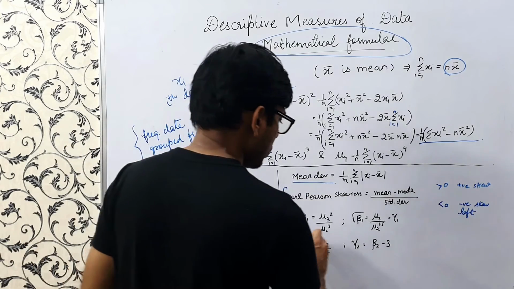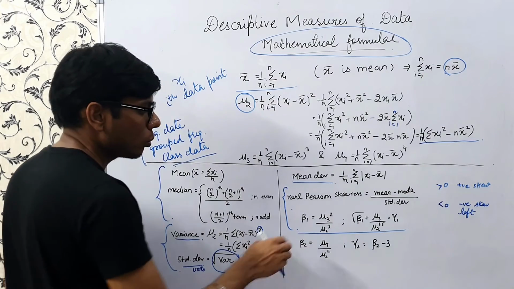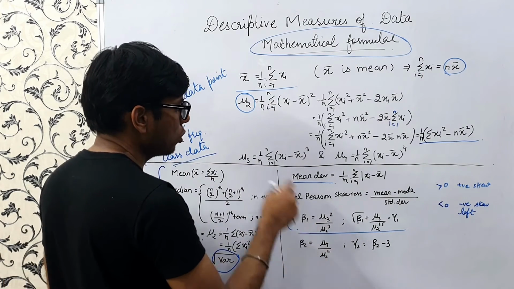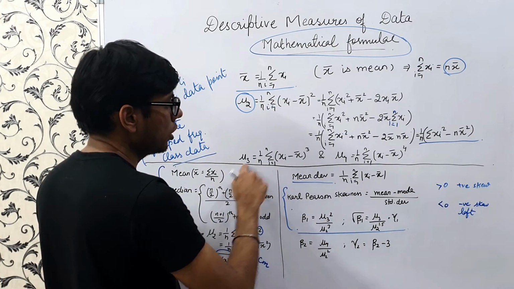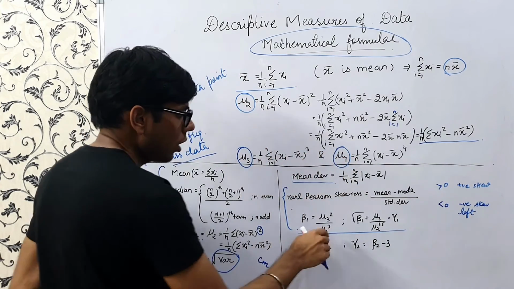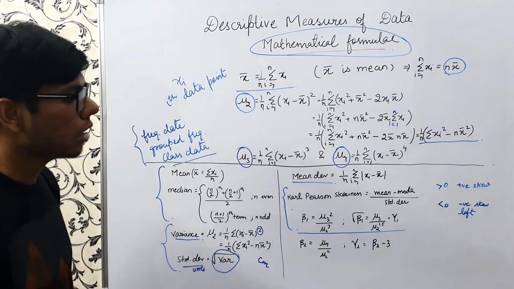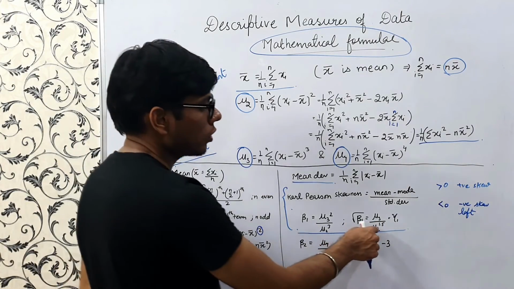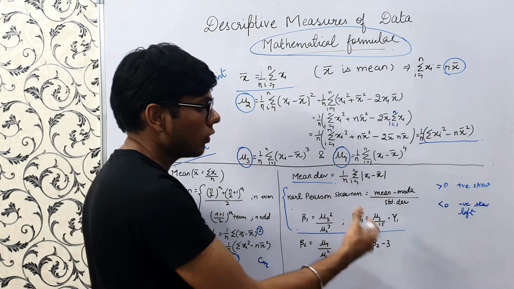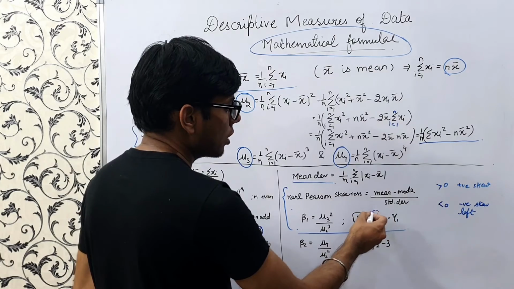This is also a measure of skewness. Beta 1 we define as mu3 square upon mu2 cube, where this is mu3 and this is mu2. And gamma 1 we define as mu3 upon mu2 to the power 1.5. This is also a measure of skewness. It quantifies how much skewness is there in the data, and it depends on the sign of mu3.